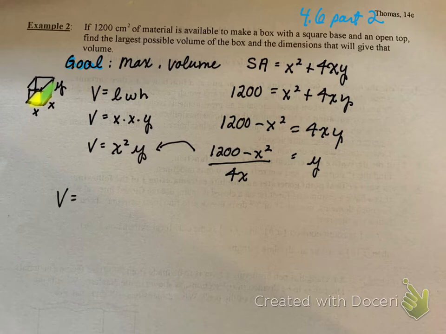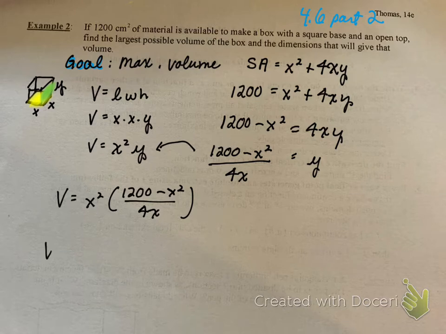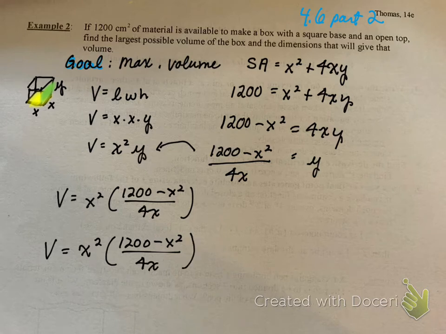So now I can sub that in for wherever I see y in the volume formula. So volume equals x squared times (1,200 minus x squared) over 4x. Okay, at this point, before I take the derivative, I'm going to try to simplify this down by simplifying the x squared and the 4x.